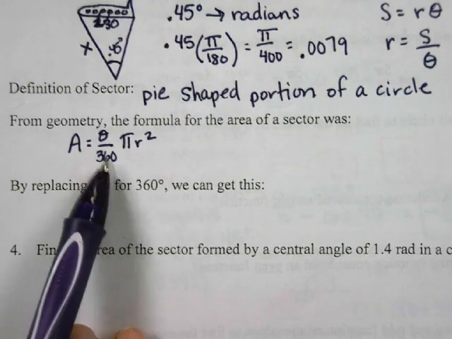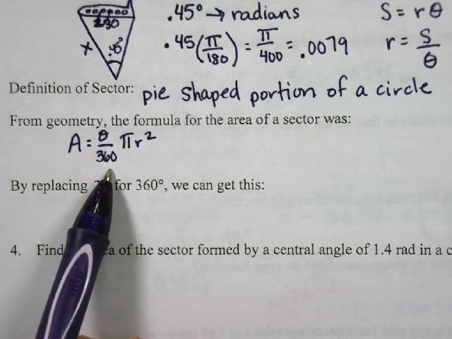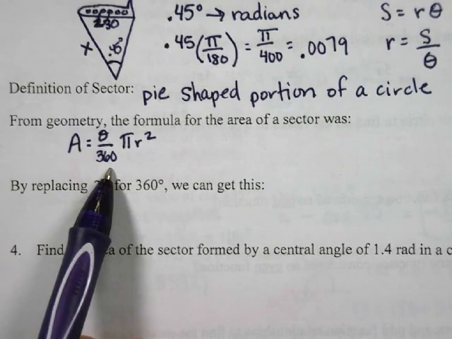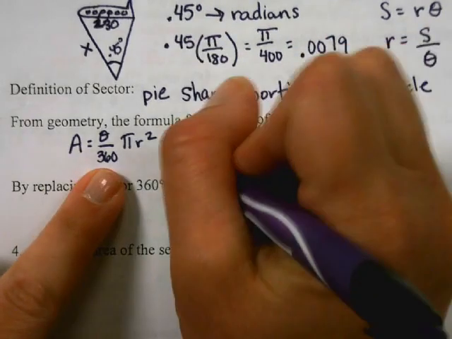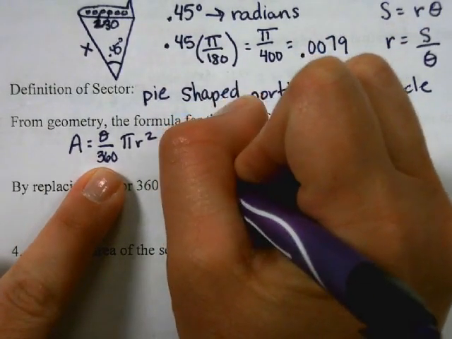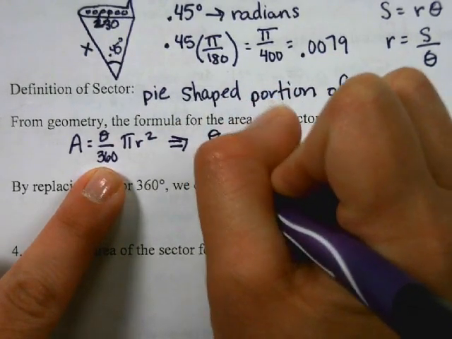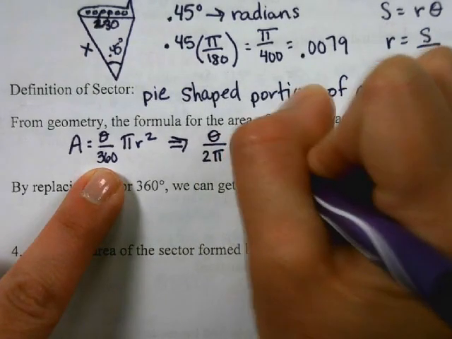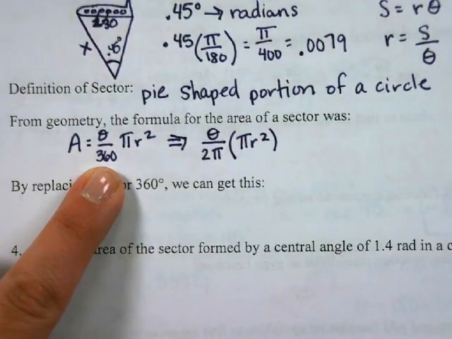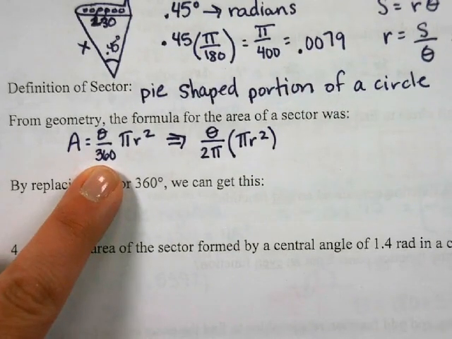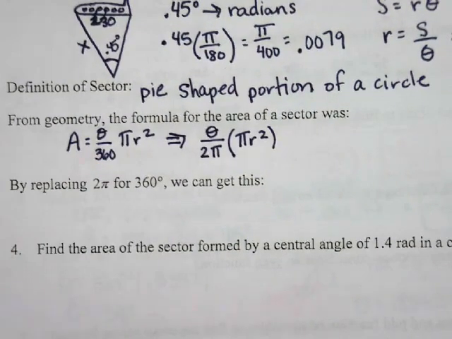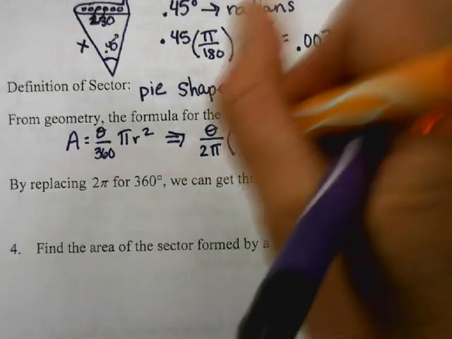But this guy right here is in degrees, and everything that we've been doing so far has been in radians. So what is 360 degrees in radians? 2 pi. So really our formula should be theta over 2 pi times pi r squared. What happens to that? There's a pi in the top and a pi in the bottom, right? So could we get rid of them?